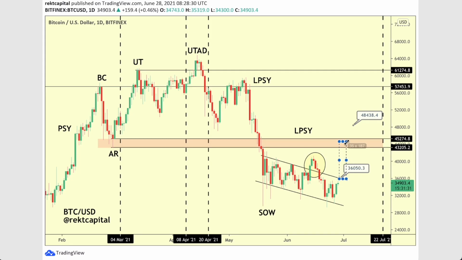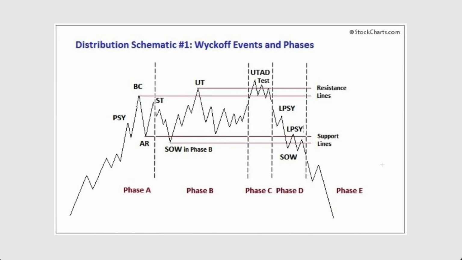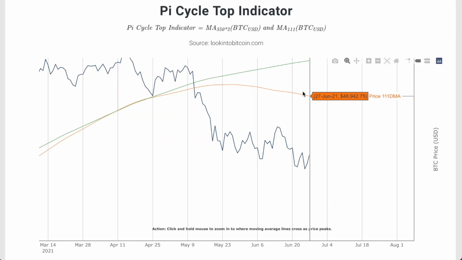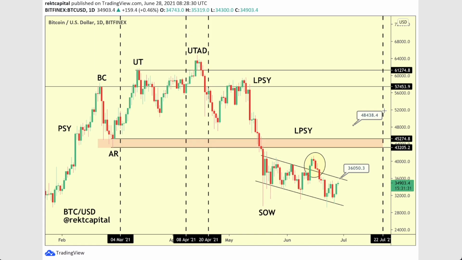Breakout from here should take us to the mid 40s, and this is where we should be watching out for resistance, because we might see resistance have some confluence with the Pi Cycle 111 daily moving average at 49K at the moment. So it is declining over time. Over the past few days, it's actually declined by a few hundred dollars. So we might see that confluence. After all, it depends how quickly we might see this breakout occur.